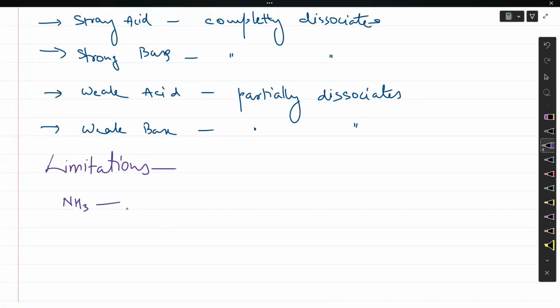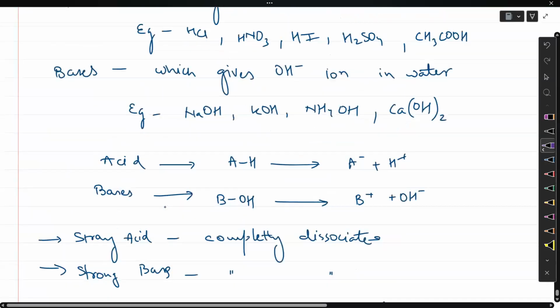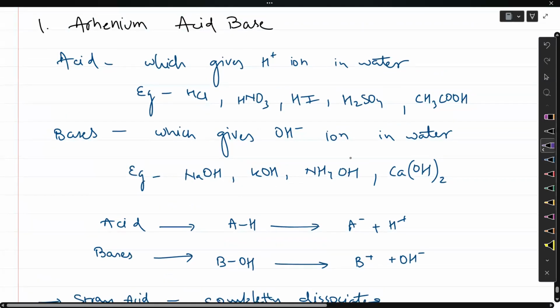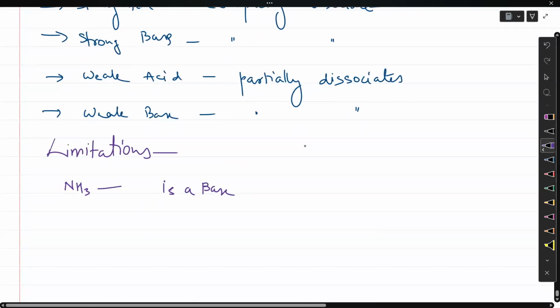A base or acid? Let me tell you, this is a base. However, it has no OH with it, right? Yes or no? Look, according to Arrhenius, it should give OH minus in the water, but it does not give OH minus with the water.